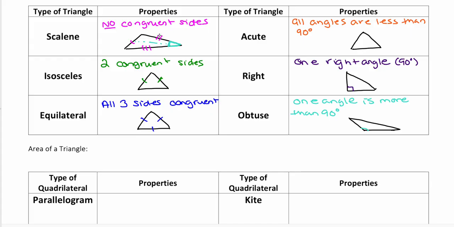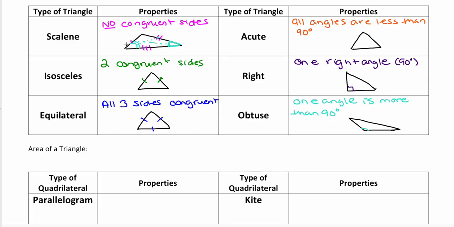Then if we see two tick marks on this side, if I go across the triangle to the angle opposite it, this angle would be the second biggest. So I would have two arcs to represent congruent angles.